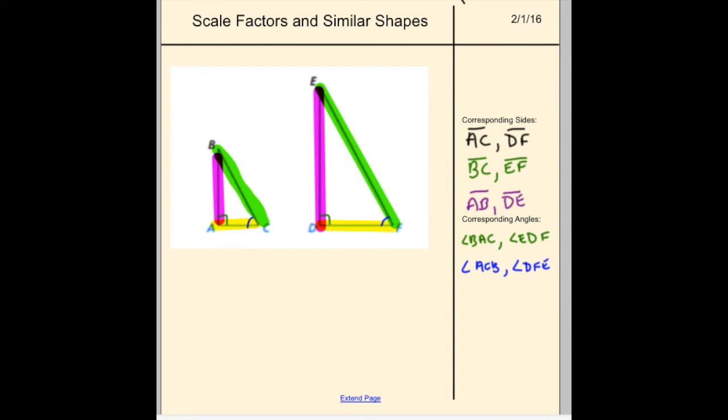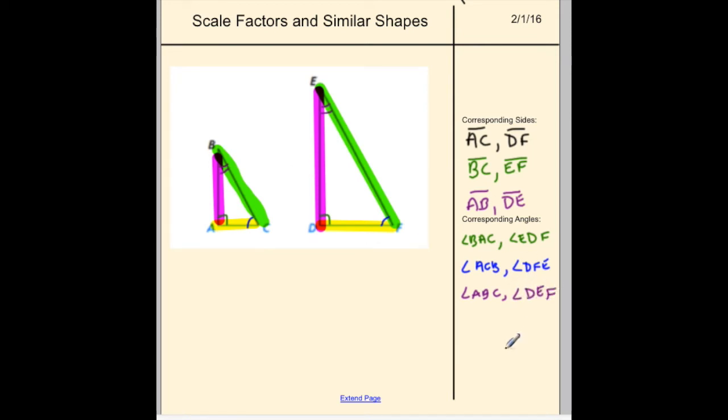And last but not least, let's find another color. How about purple? So this angle up at the top, which I'll mark with two arcs, it's a little tricky to see. That's angle ABC, which corresponds to angle DEF.